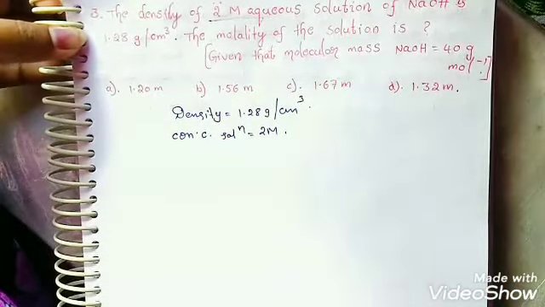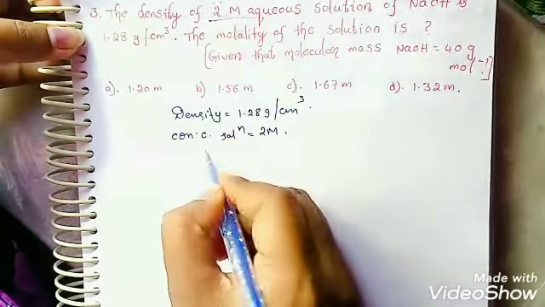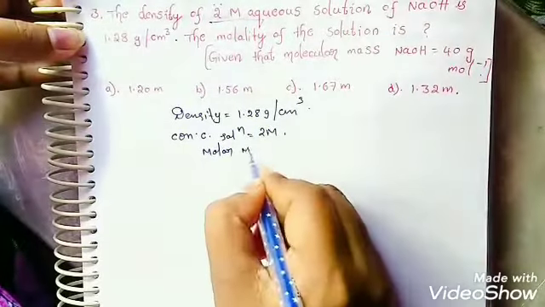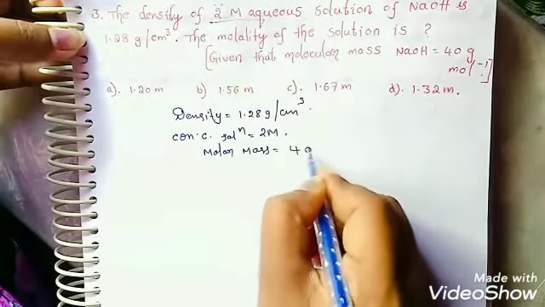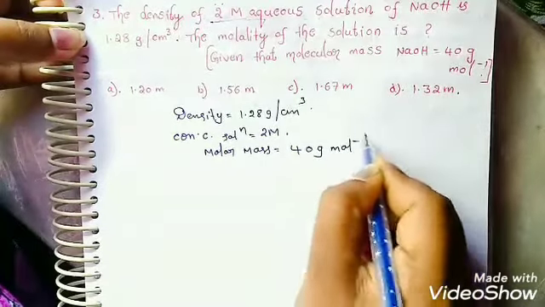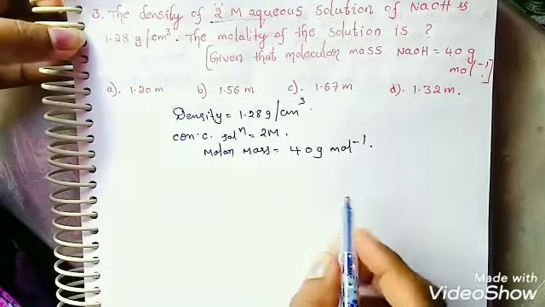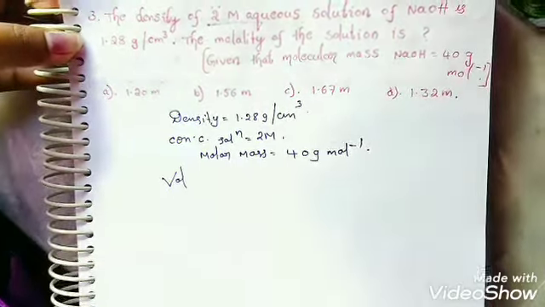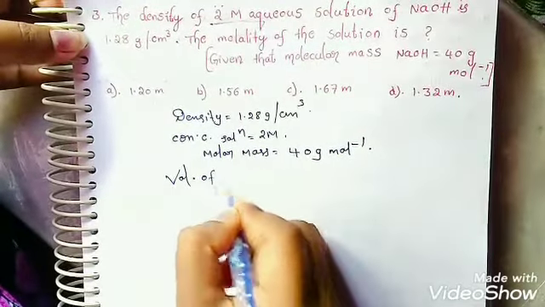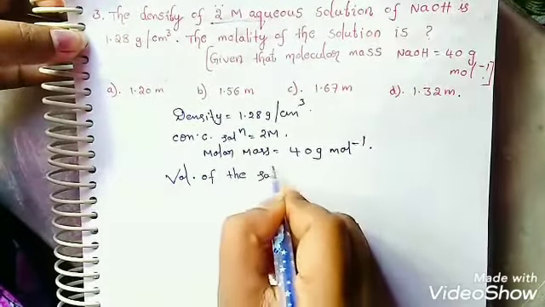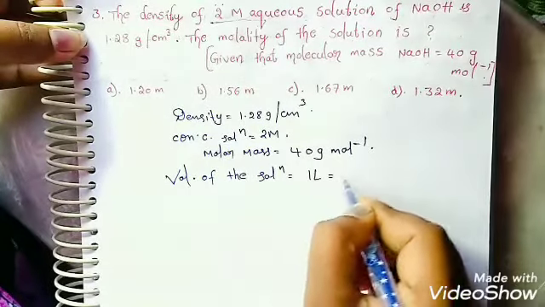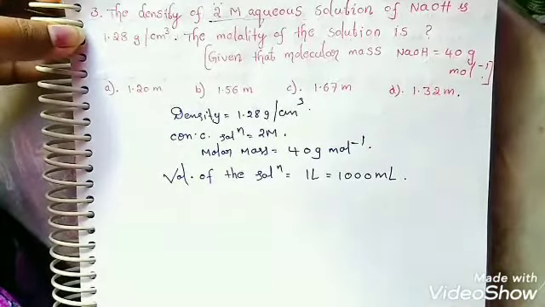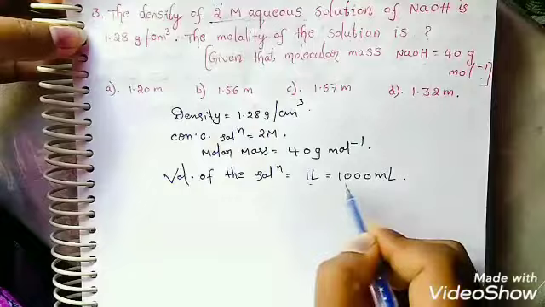And students, the molar mass they have given in the question, that is 40 grams per mole. Then we need to see the volume. For 1 liter of solution, that is 1000 milliliter, the volume we have to take.